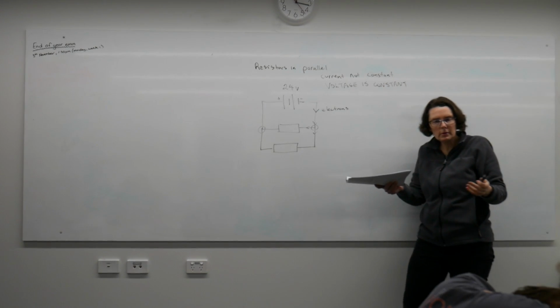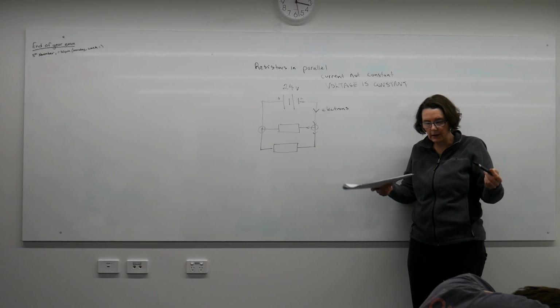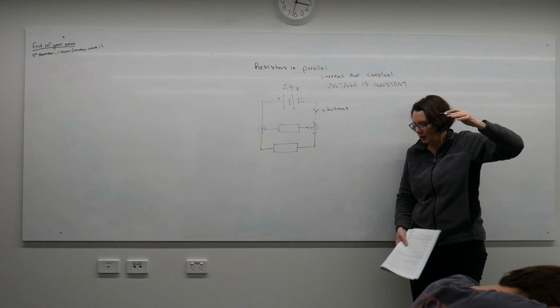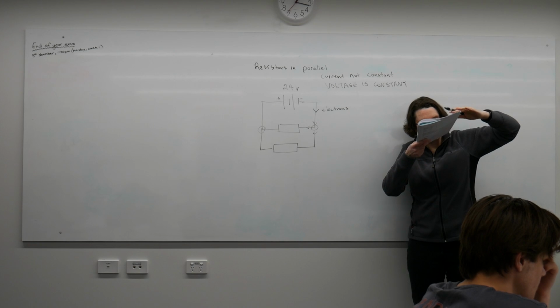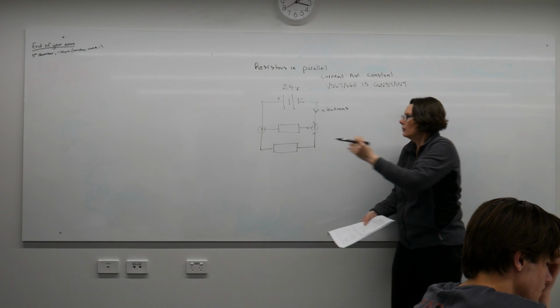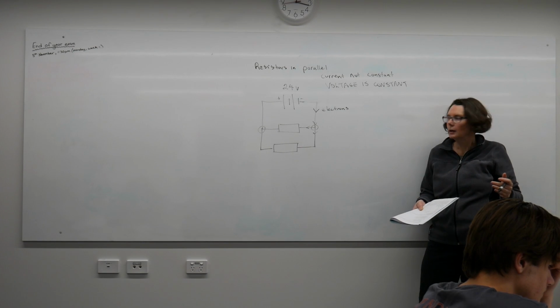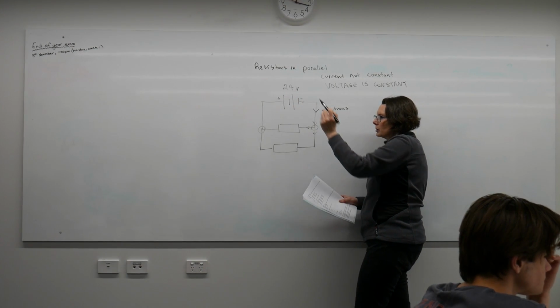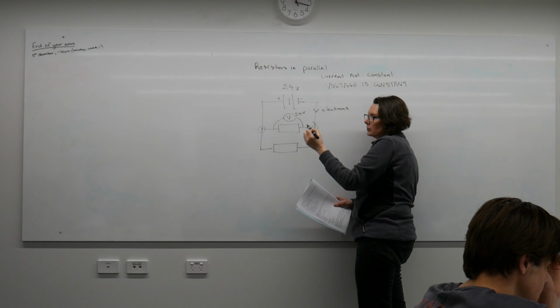Because we remember from that little animation that if we lift up our potential to the same potential as the battery, if we're wired up in parallel to the battery, then if this is 24 volts across here and I put a voltmeter across here, it will also measure 24 volts.